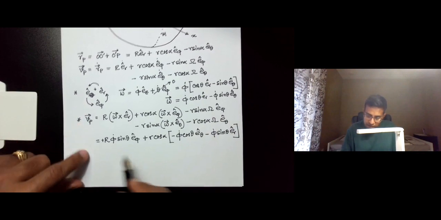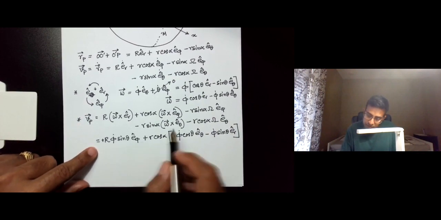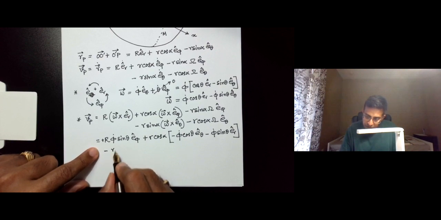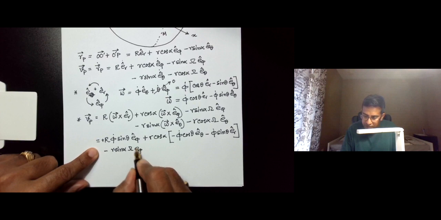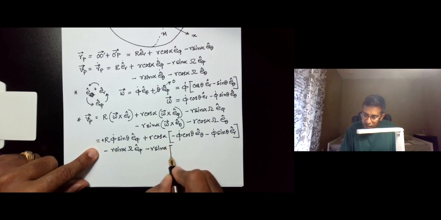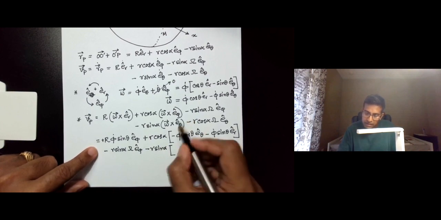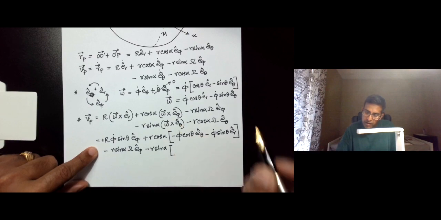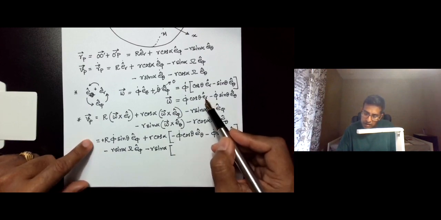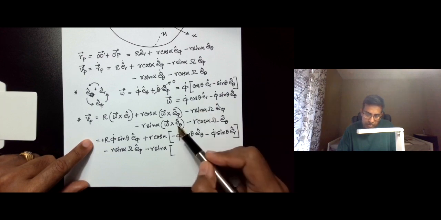Okay, the next line we have minus R sine alpha capital omega E phi, minus R sine alpha, and we now need to do omega cross E theta. So omega cross E theta, the first one is ER cross E theta.